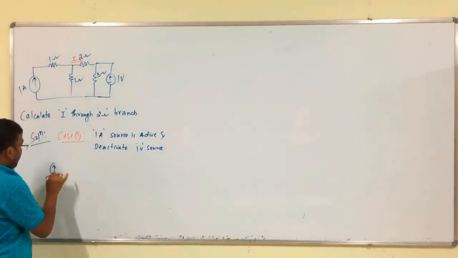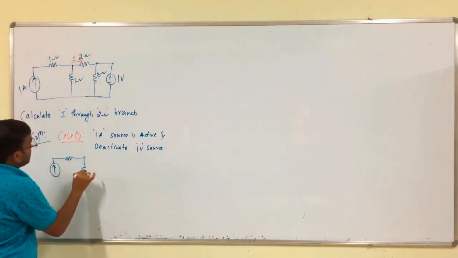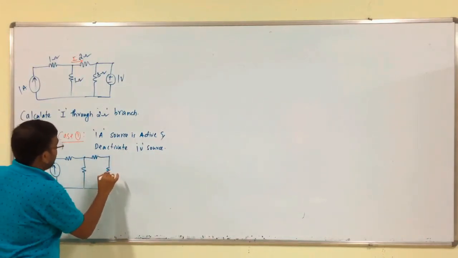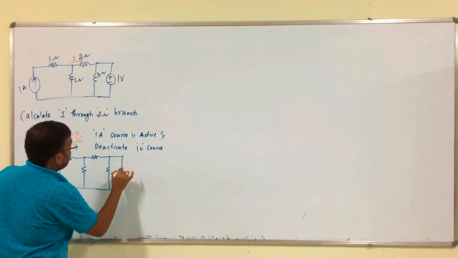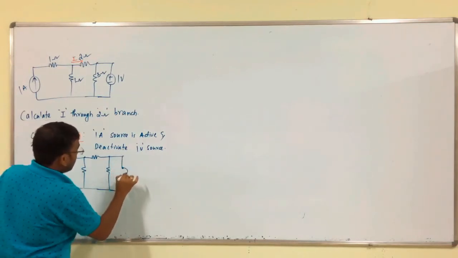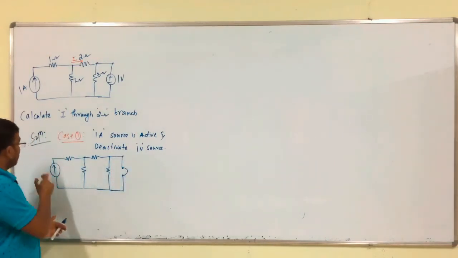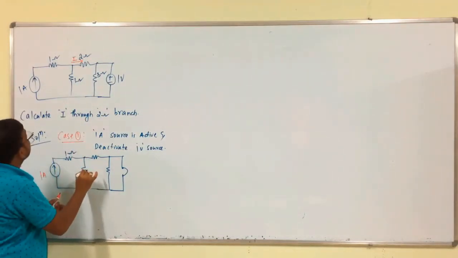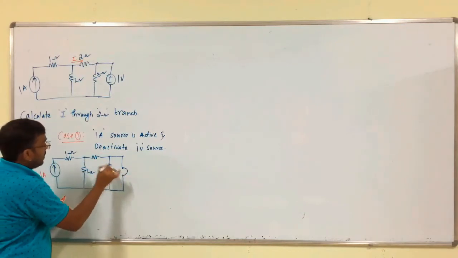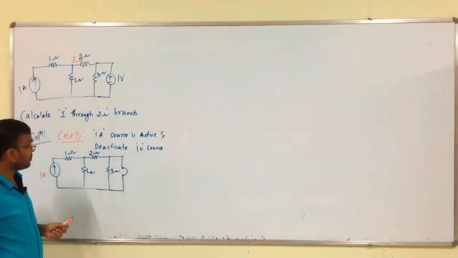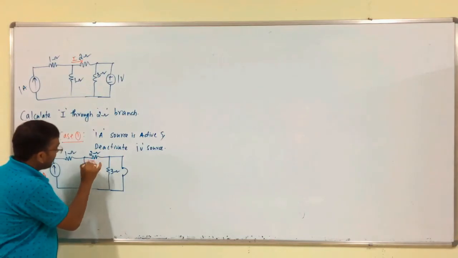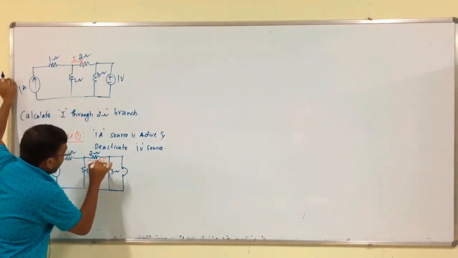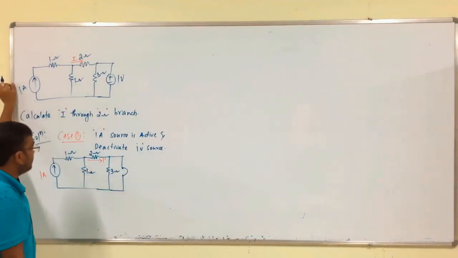Now, it should be 1 amp, 1 ohm resistance, again a parallel resistance branch of 3 ohms, and this should be the short circuited voltage source. So, this is 1 amp and this is 1 ohm, 3, 2. So, we are going to calculate this current. Here it was I, now it is I dash, first case I dash. Okay.